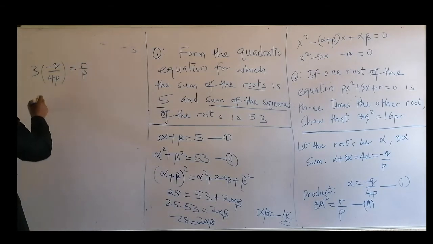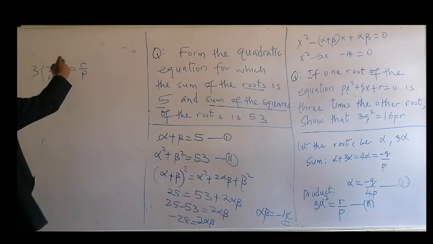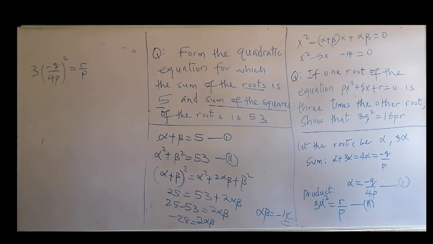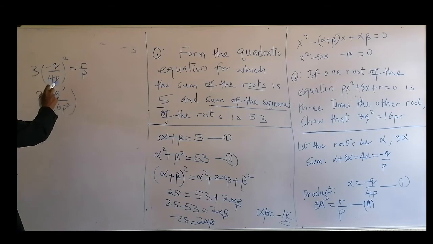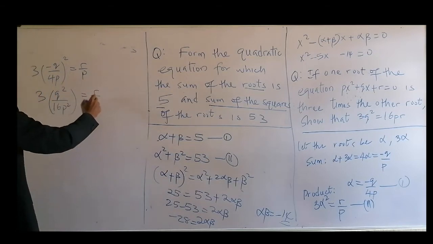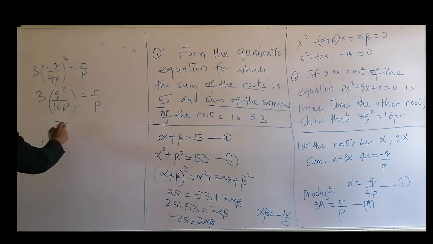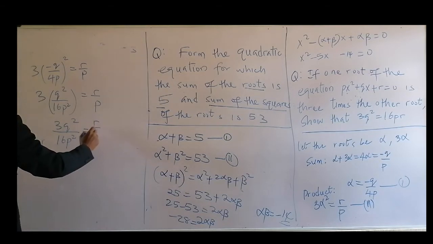If you square this, that will be q squared over 4 squared p squared, so we have 3q squared over 16p squared equal to r over p.